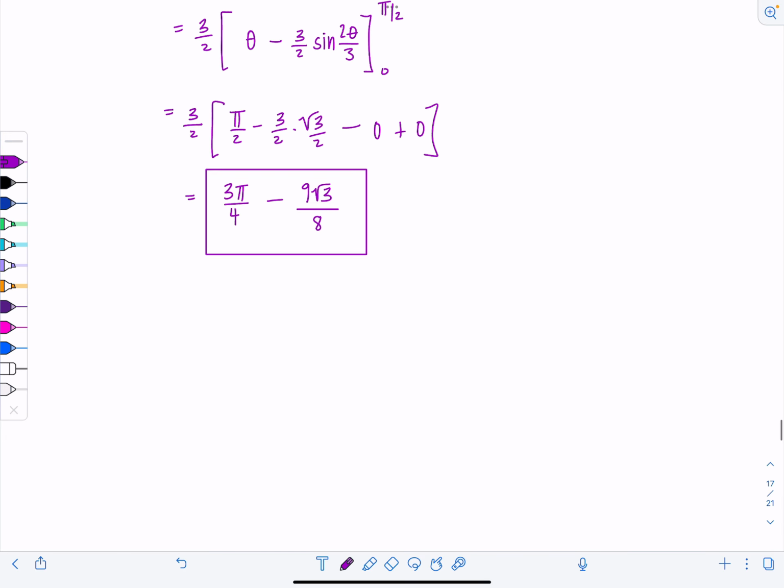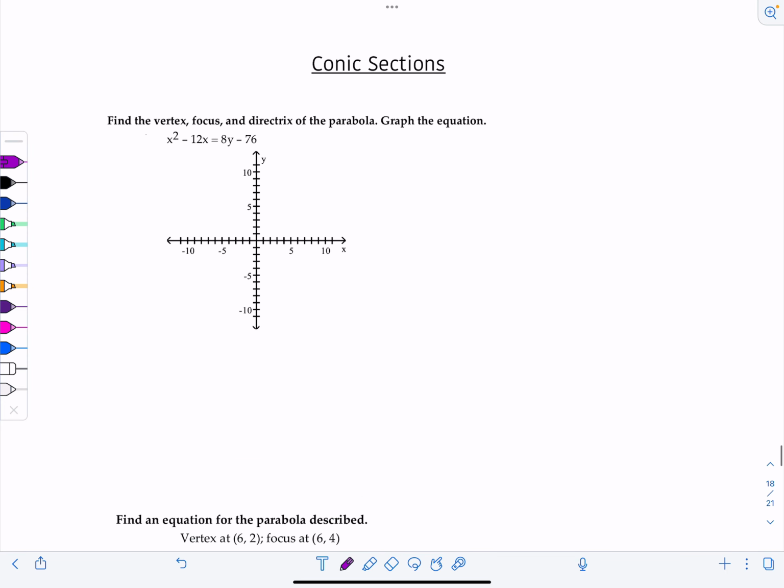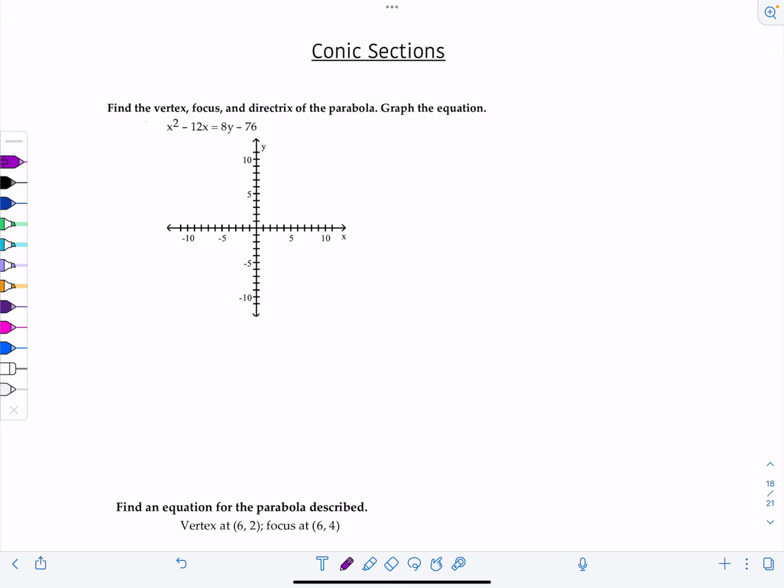Last topic, briefly, conic sections. It's asking us to find the vertex, focus, and directrix of the parabola. When we're talking about conic sections and parabolas, we can have them opening up and down or right and left. They don't need to be functions of x. So just remember there's 2 forms.